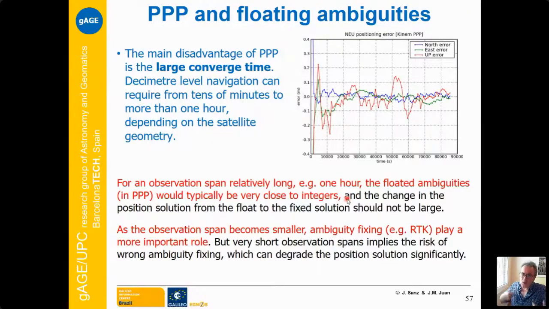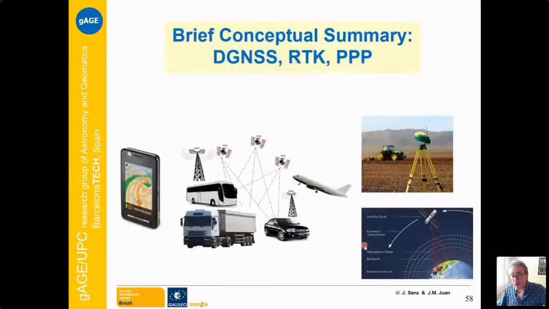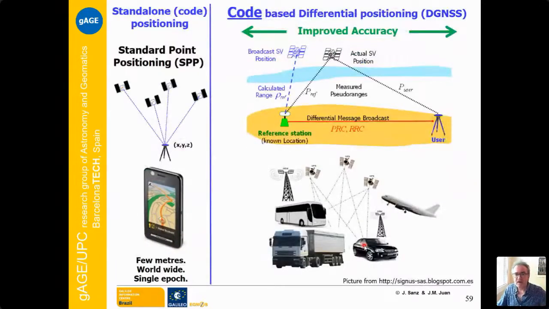Then, if we can wait enough time, the solution can improve. But the problem is that, as I commented, it takes longer. For very short observation times, we have to apply RTK. RTK is where we have the more important role for short observation time.